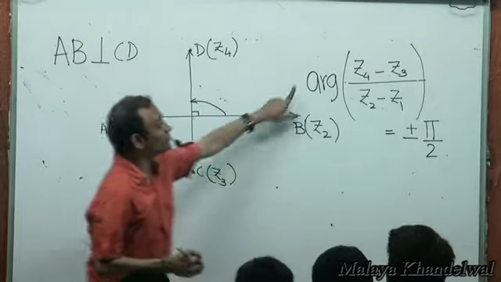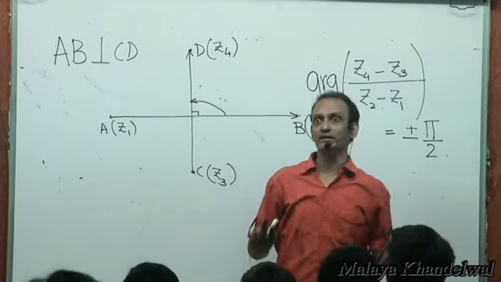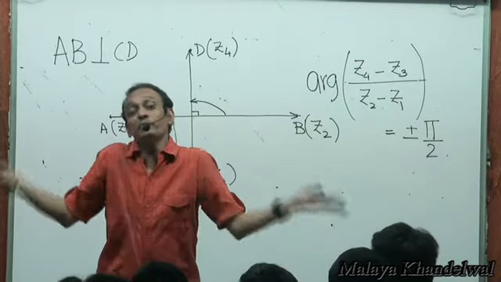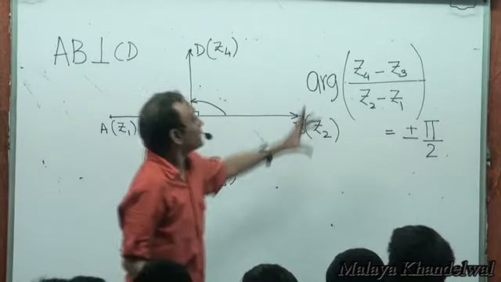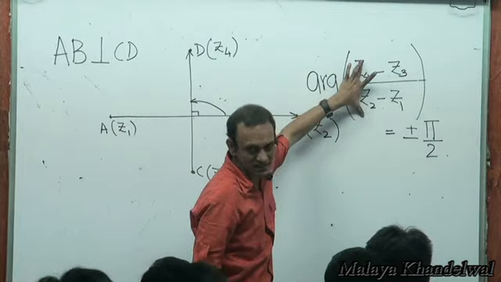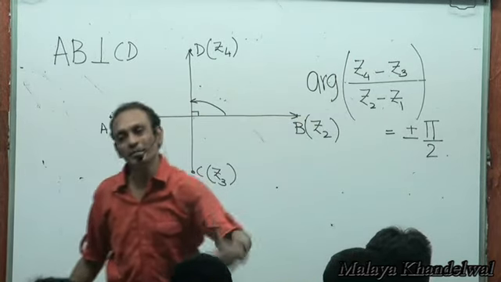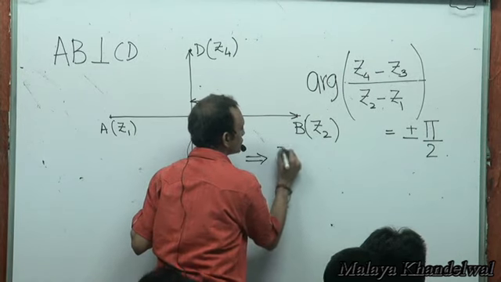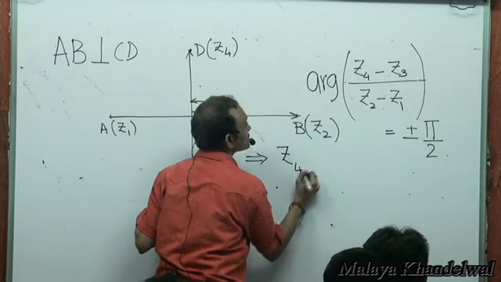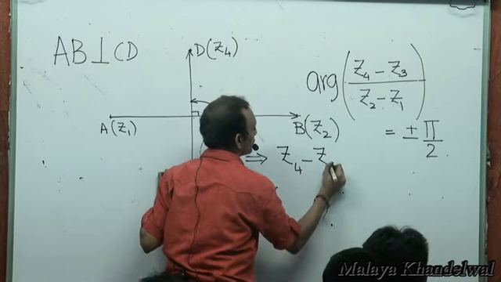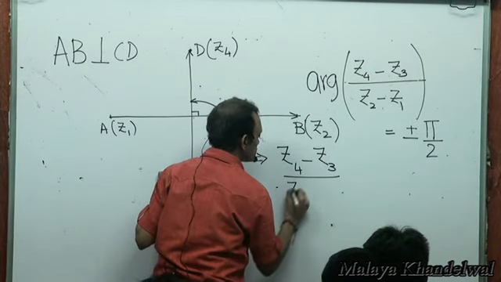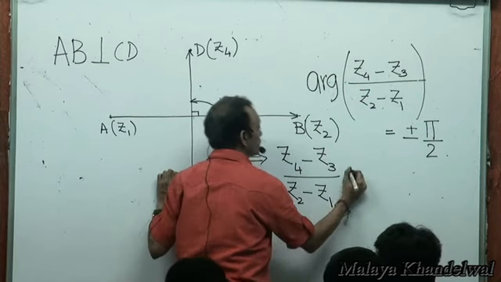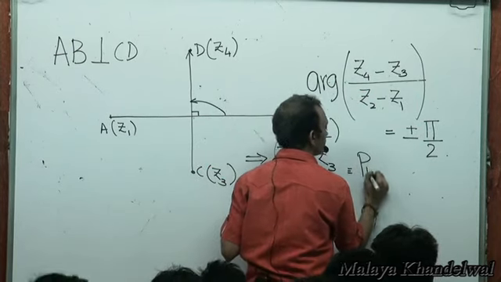If the argument of a complex number is plus minus pi by 2, that means it lies on the y-axis. That means it must be purely imaginary. That means this ratio, Z4 minus Z3 divided by Z2 minus Z1, must be purely imaginary.